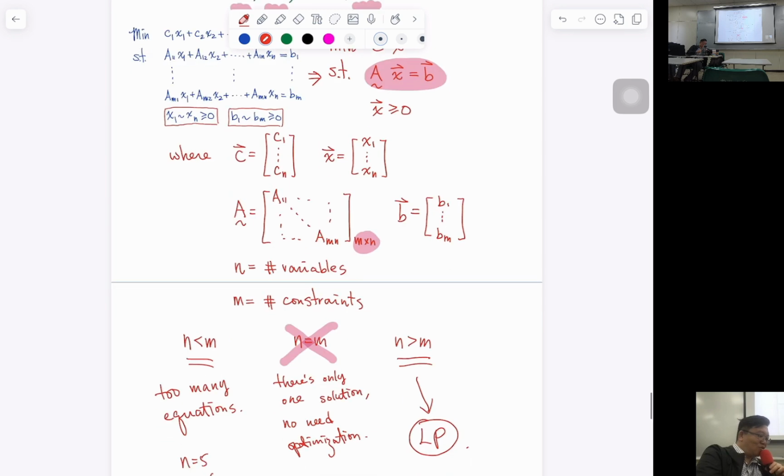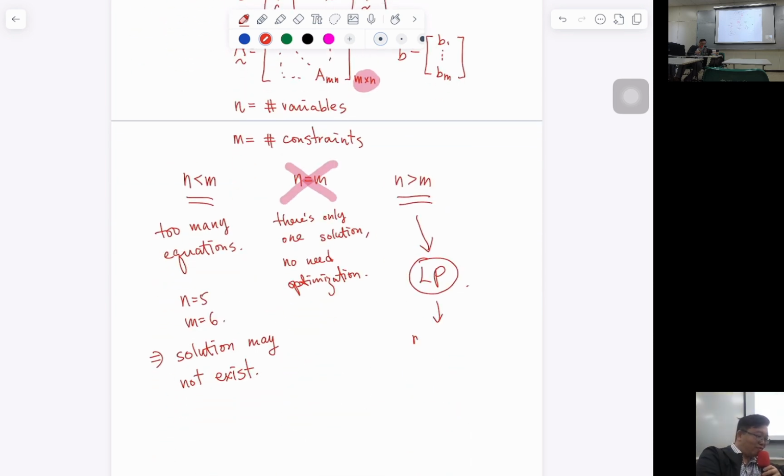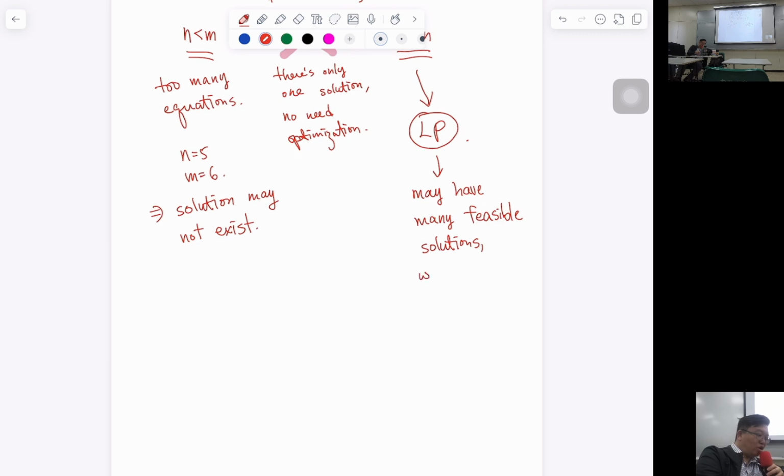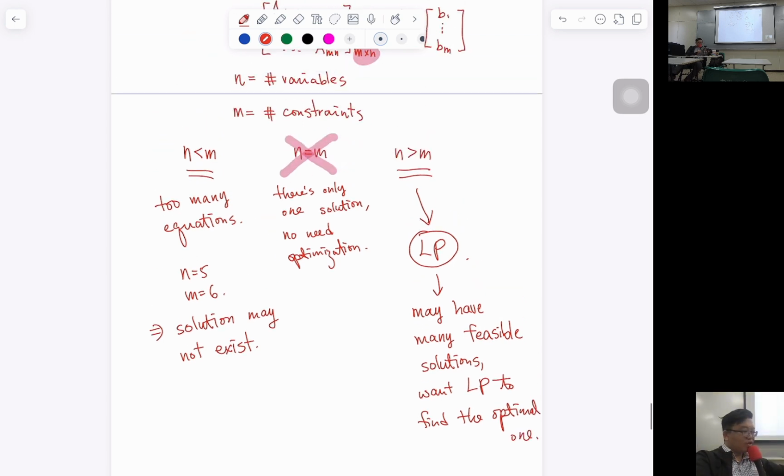So we may have many feasible solutions, right? And we want LP to find the optimal one. That's why we use optimization.